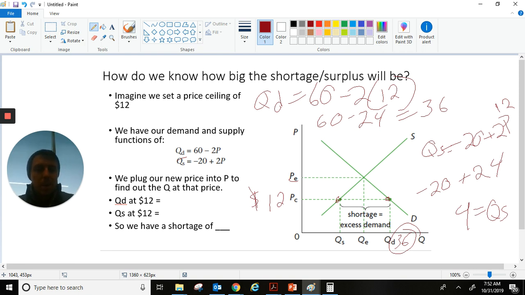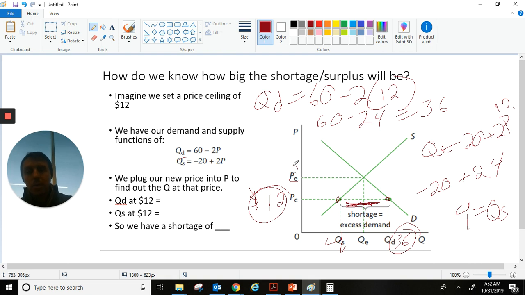But at that same low price, my producers are only willing to make 4, meaning I have a distance between 4 and 36, meaning I have a shortage of 32 units. So 36 people at this price will show up to the store and they will be 32 units short and 32 people sad. And that's it.